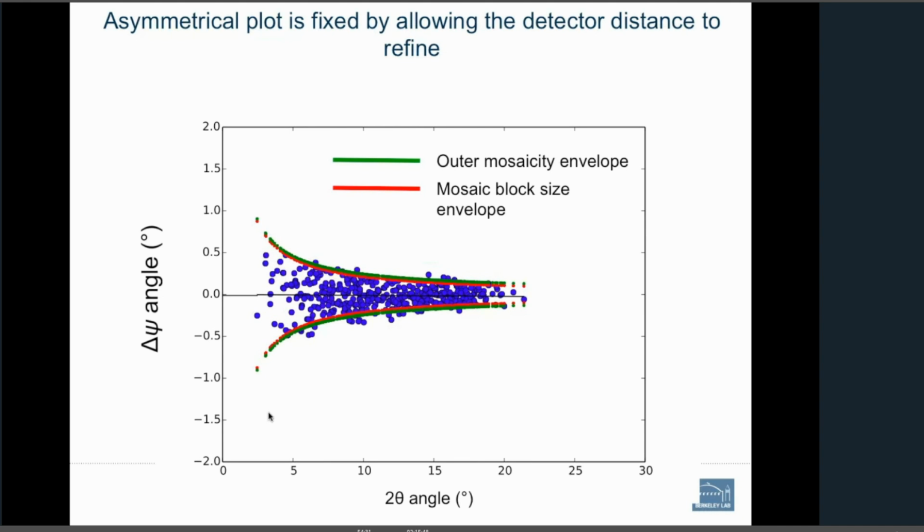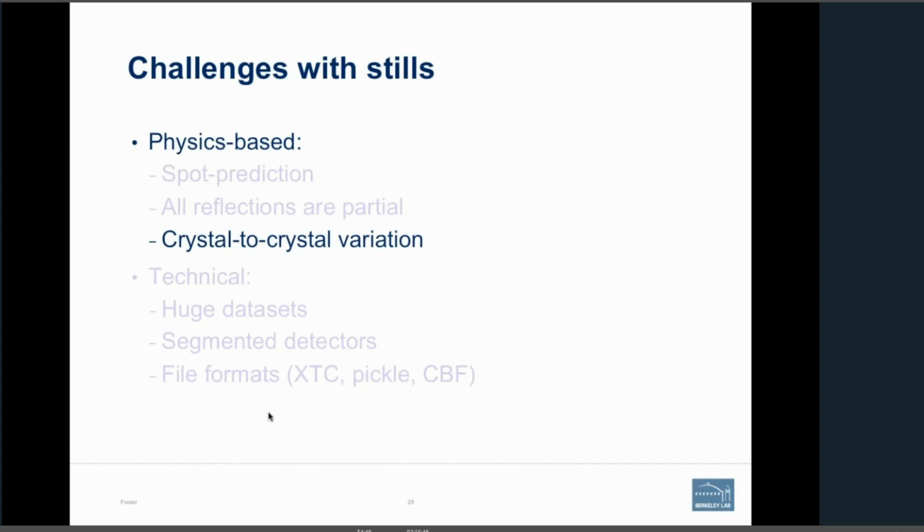So after refinement, in this case, we allowed the detector distance to refine, we got a better crystal orientation matrix, and our mosaic envelope now tightly fits the observed reflections, which means we're going to be better able to predict which reflections are in the diffracting condition.